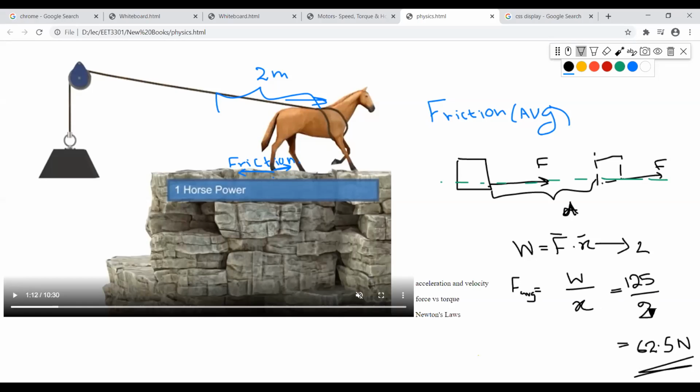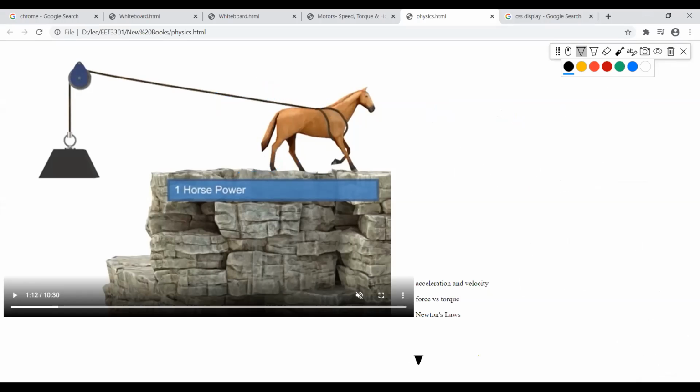This is just to give you an idea about how to calculate average forces. This, of course, is not going to be the correct answer in the real world situation. So this is just a rough estimation, right? I hope that is clear.